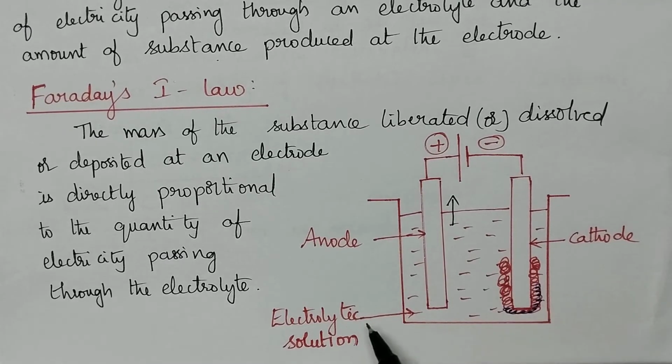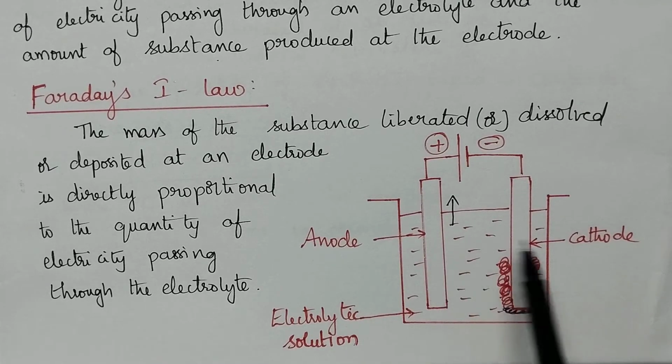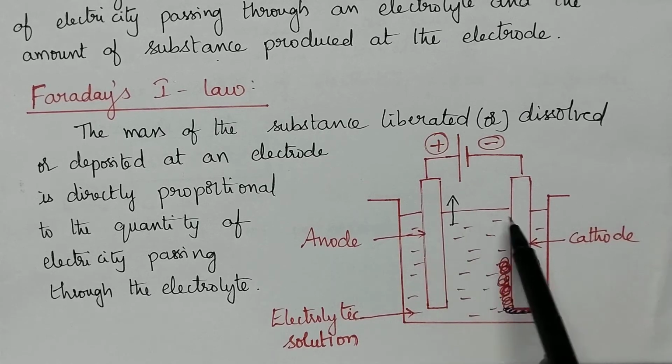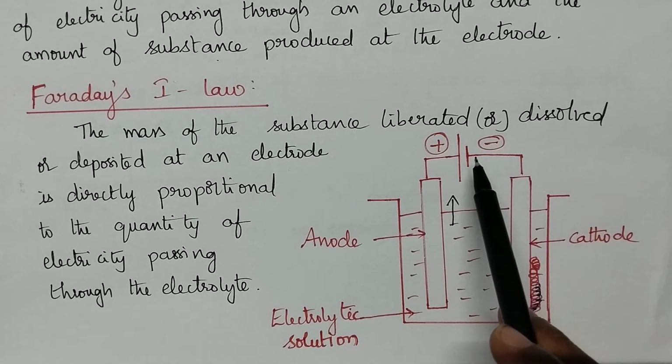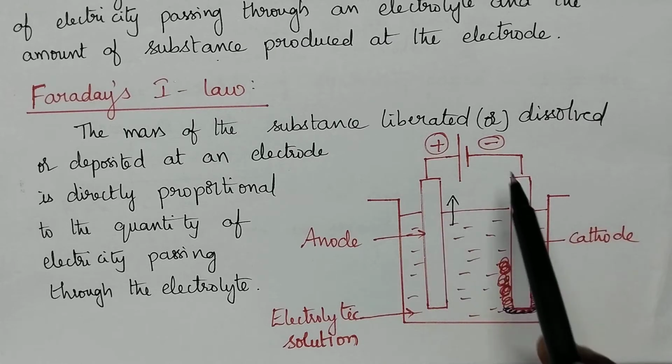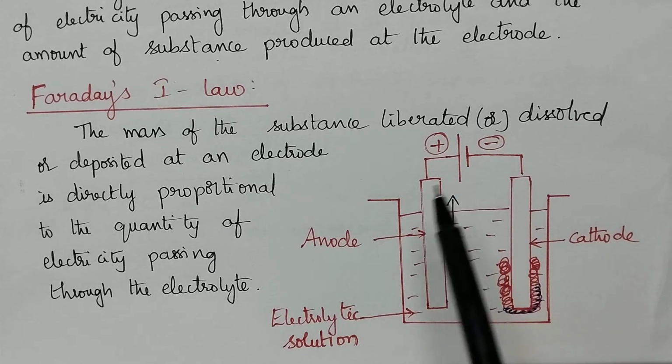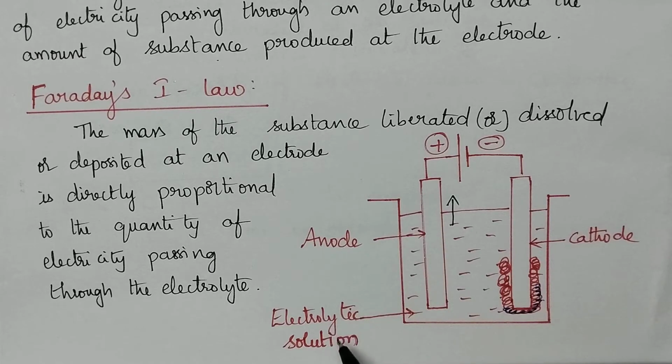So here an electrolytic solution is taken and two electrodes are dipped in it, and these two electrodes are connected to the battery. Whenever the electrodes are connected to the battery, electrolysis takes place. Generally, in an electrolytic solution, the cations will move towards the cathode and the anions will move towards the anode. So what happens at the cathode?